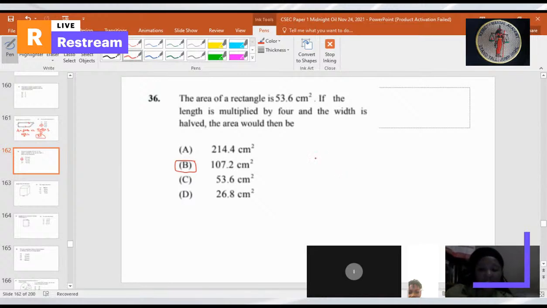So let's test it to see. If we have a rectangle, for argument's sake, and let's say the length is x and the width is y, the area will be xy.